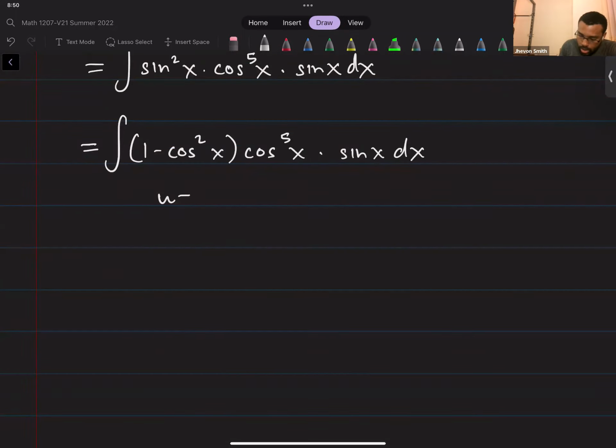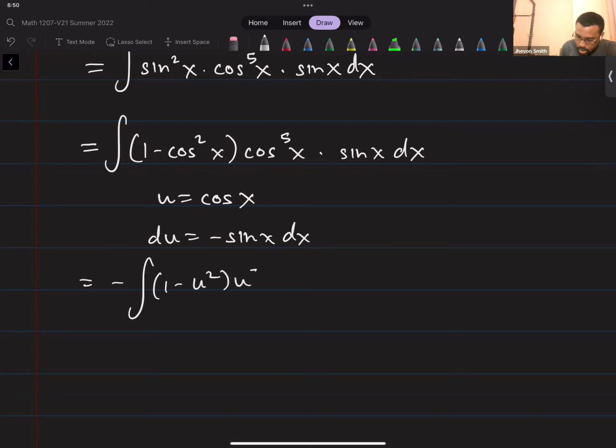Then u equals cosine, so du is going to be negative sine. So this integral is going to be 1 minus u squared times u to the 5th du.